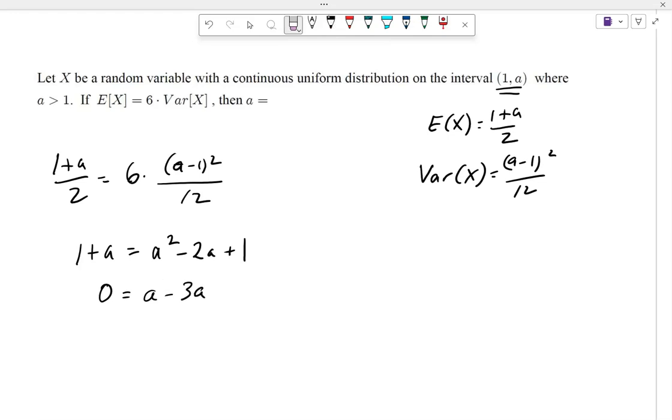Not cubed. Subtract everything to the right. You get a squared minus 3a equals 0. You can factor out an a. The solutions to that equation are 0 and 3. Which one do we want? The 3, right? Because we want a to be bigger than 1. So we want that as our solution.